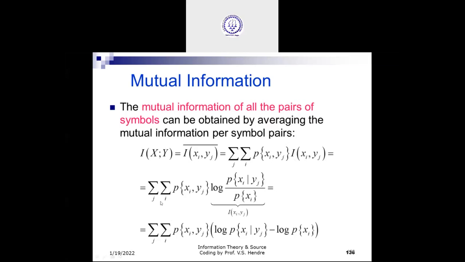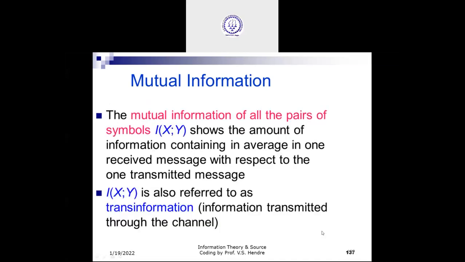If I substitute in this formula and expand this logarithmic ratio as a subtraction, I get p of xi comma yj multiplied by log of p of xi given yj minus log of p of xi. The division I represent in terms of subtraction. Then multiplying it out, p of xi comma yj multiplied by log of p of xi given yj minus p of xi comma yj log of p of xi.